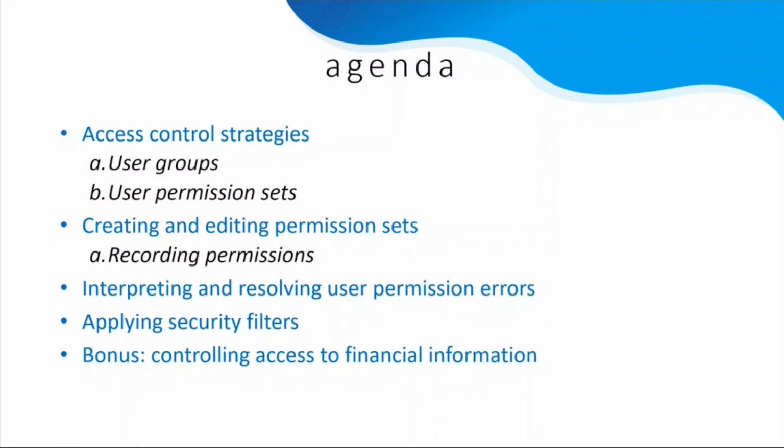We'll also be applying security filters, where you can have field level security, and we will close off our training today with a bonus session, some small development on how to control access to financial information.